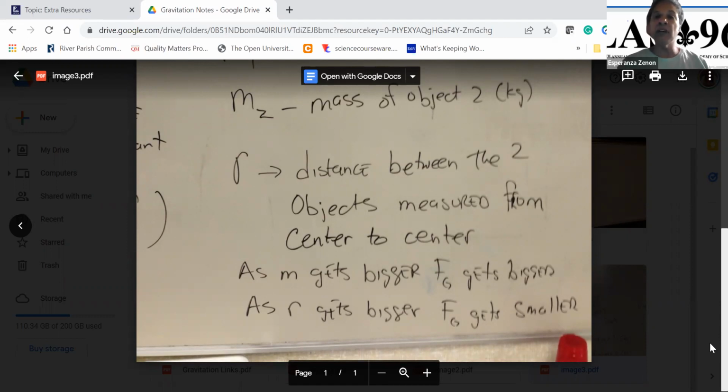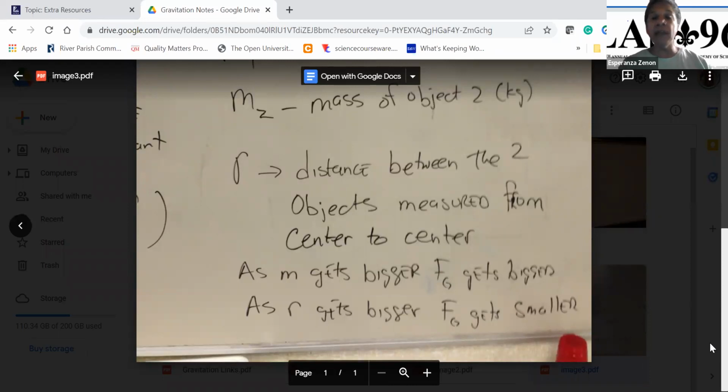And remember, I talked on Tuesday about how you need fairly nice sized objects before the gravitation force is really felt, because if you have little objects, you can't overcome the smallness of big G. As R gets bigger, the gravitation force gets smaller. So objects that are far, far away, even if they're big, the distance might be too much to overcome.